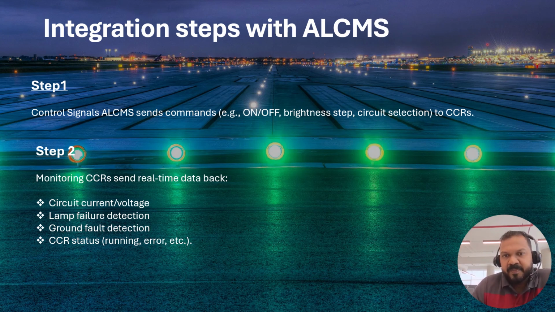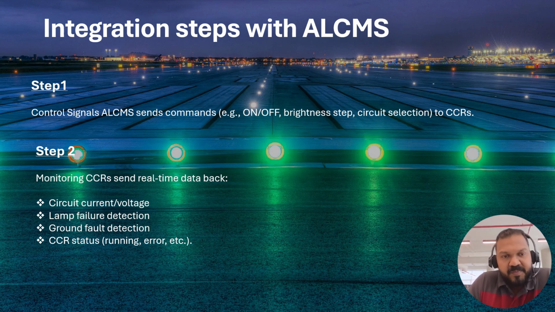If you see the primary substation, there are a lot of CCRs available. Each CCR is connected to multiple series of lights. A CCR has only two ends, one going out and another coming in. So one CCR can control, for example, 100 lights, another CCR 100 lights. These CCRs are controlled by the ALCMS. This is the system's function here.